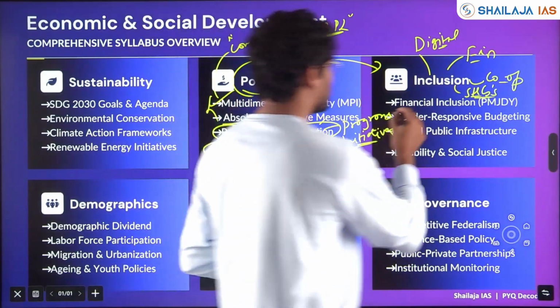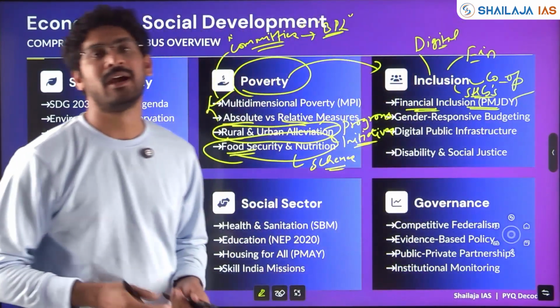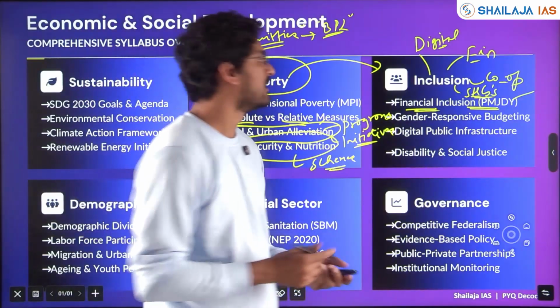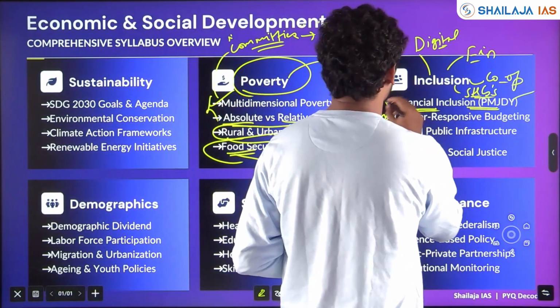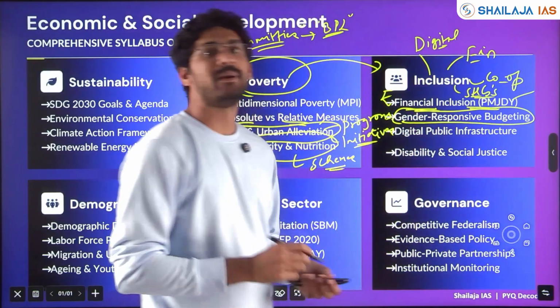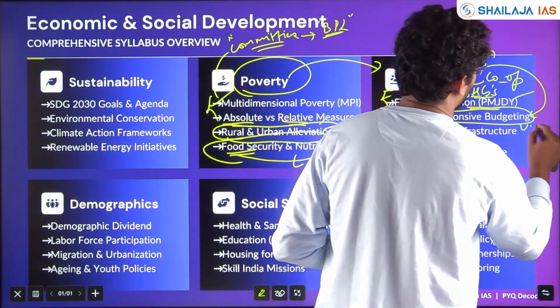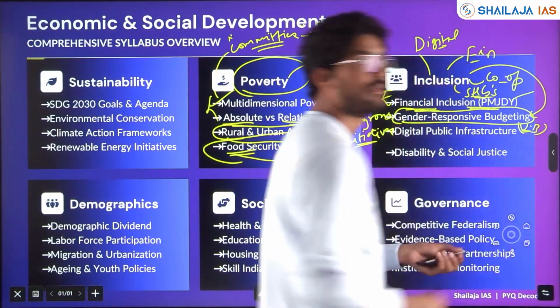So financial inclusion: Jan Dhan, Aadhaar, the JAM Trinity, linking it with mobile number. Then gender responsive budgeting. In budgeting, inclusive budgeting becomes important. The Union Budget is a very important topic.